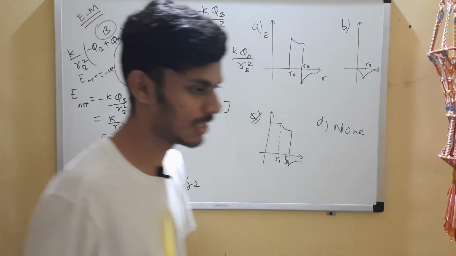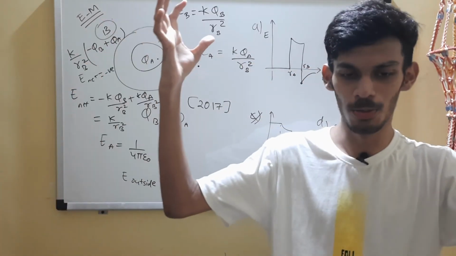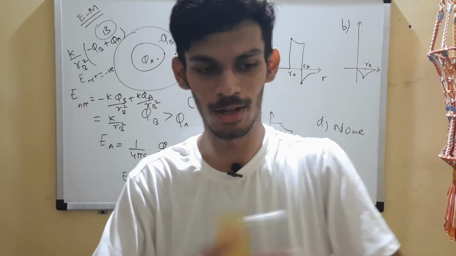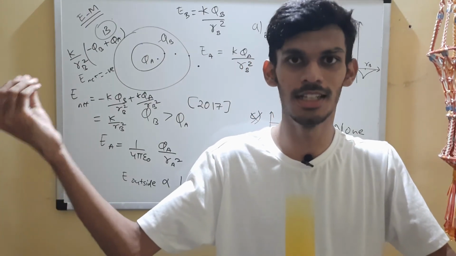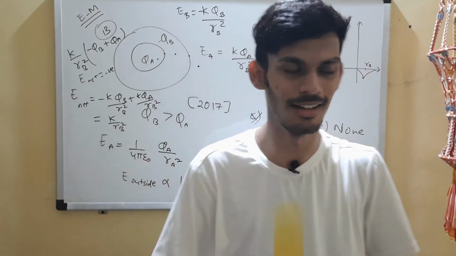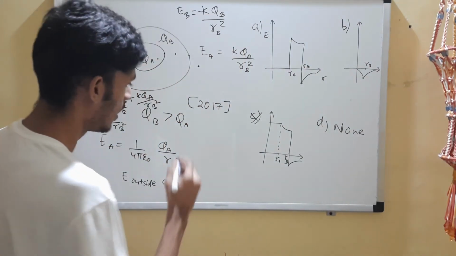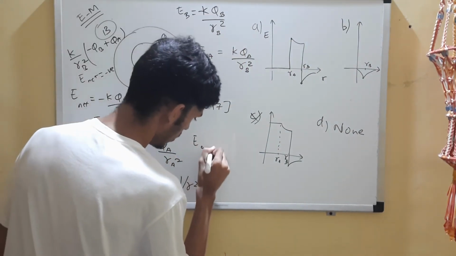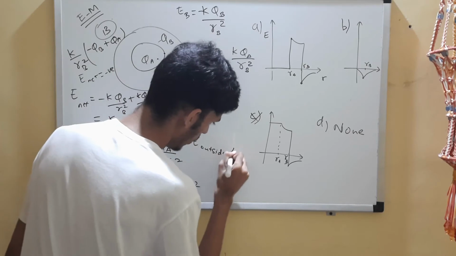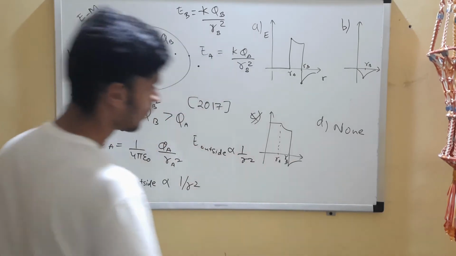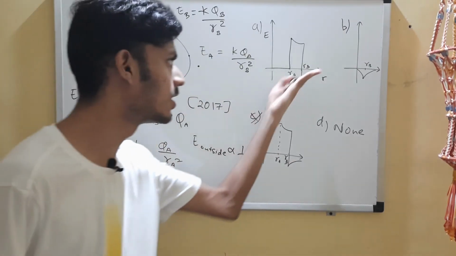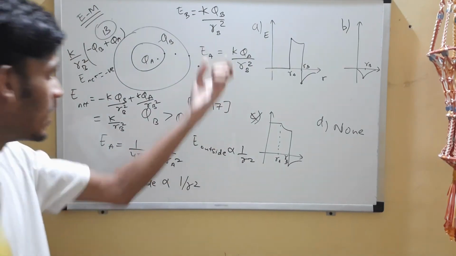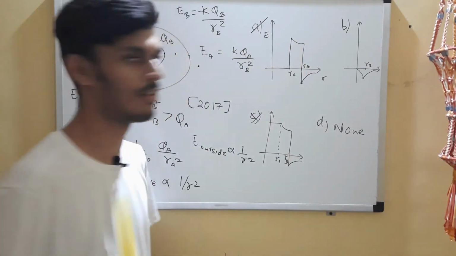Outside both the shells, you can just treat the two charges as point charges concentrated at the center. And you can see that outside, the field will be inversely proportional to r squared. So again, you can see the inverse relation there. So option A is the correct graph over here.